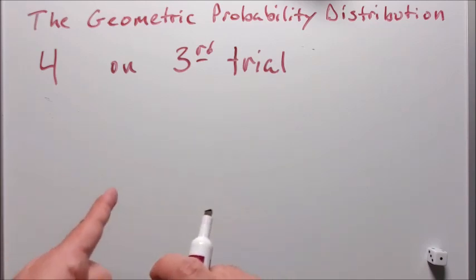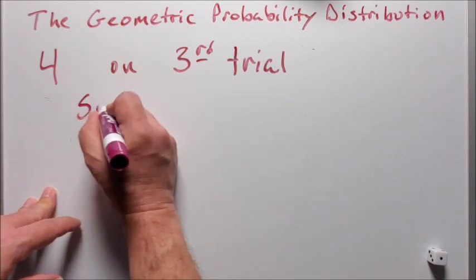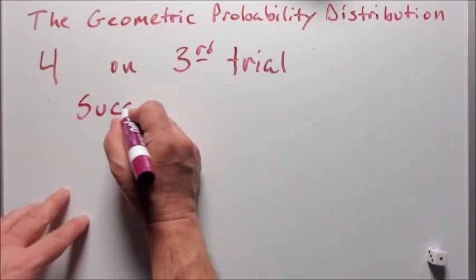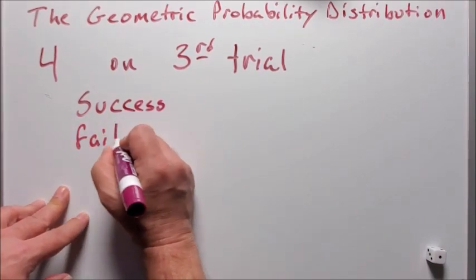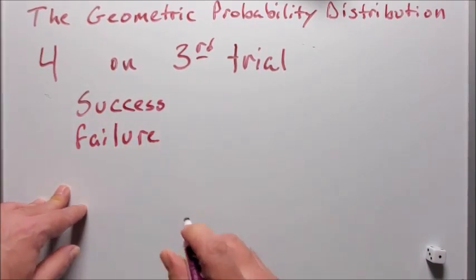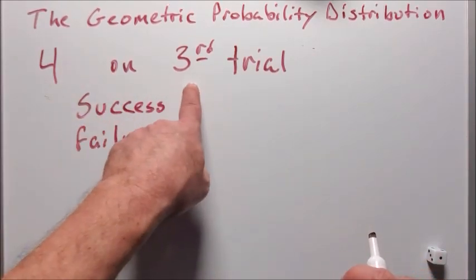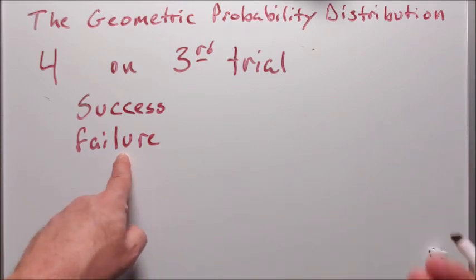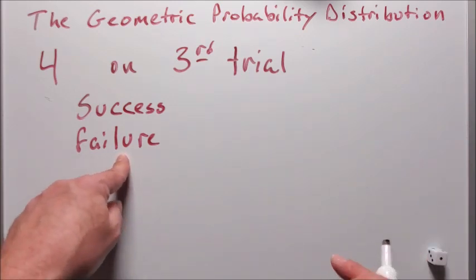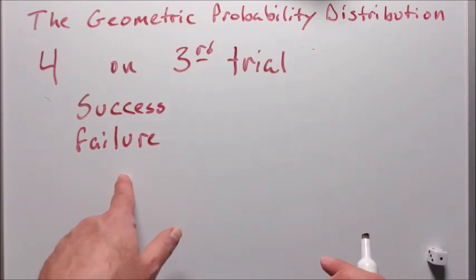What does this mean, to get some certain outcome, which, by the way, we're going to call success in the language of geometric probability? What that means is, for us to get the first success on the third trial, we must have gotten a failure up to that. That's an implication. It can't be the first success on the third trial if you weren't failing all the way up to that.